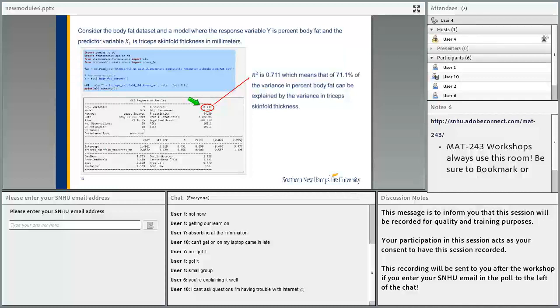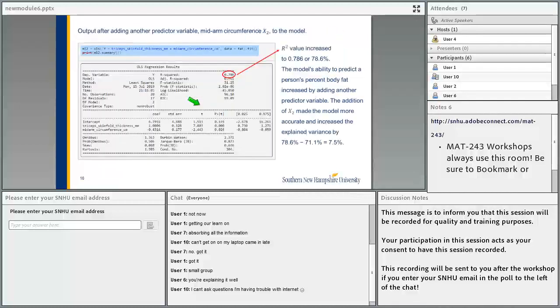If you recollect, what R squared tells us is how good my predictor variable is in explaining my response variable. So here my X values are able to explain the variance in my Y value up to 71.1%.